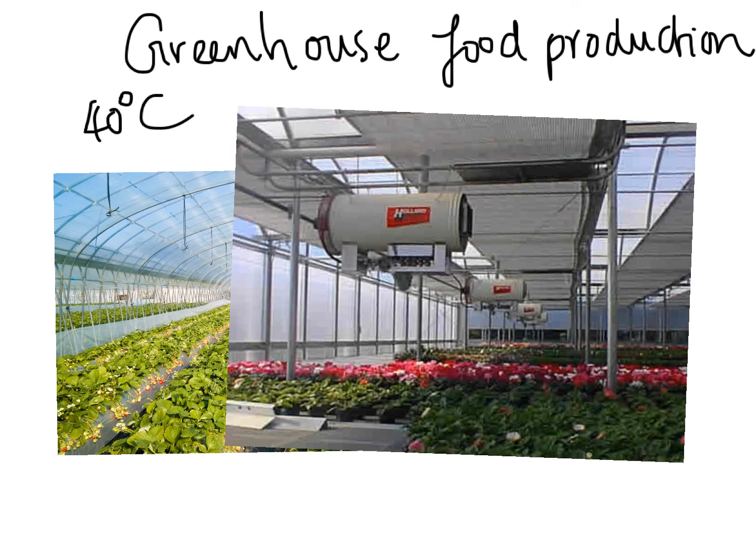So that heater gives the optimum temperature. The light intensity can be adjusted, depending on how much sunlight is already available, and also the carbon dioxide level can be adjusted inside to an optimum level.